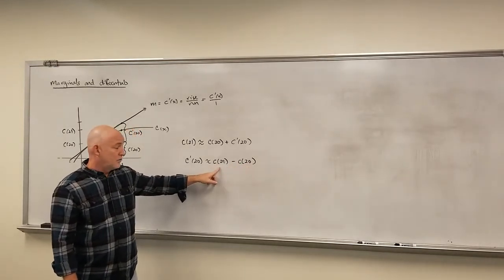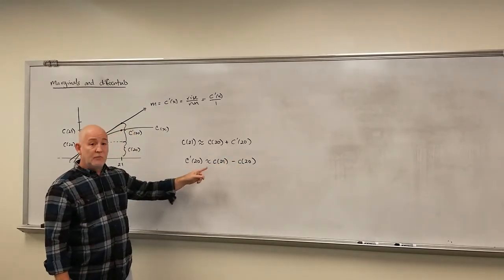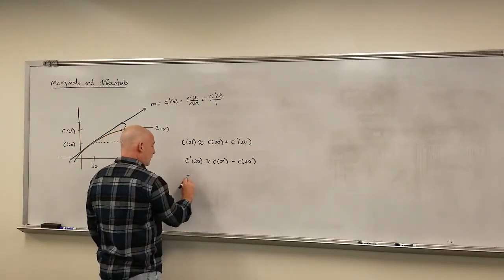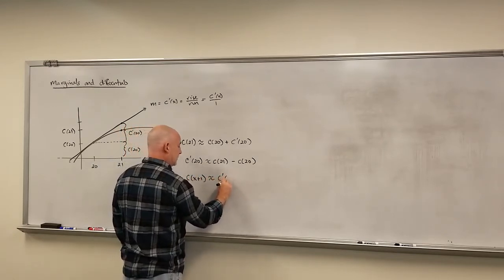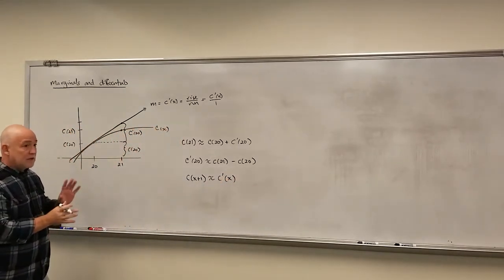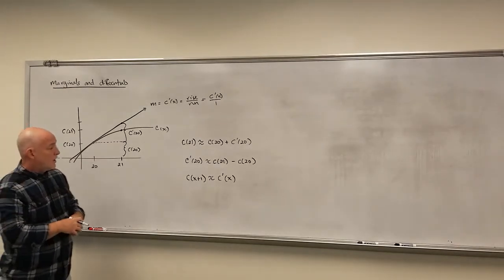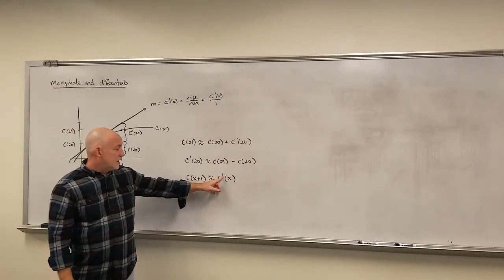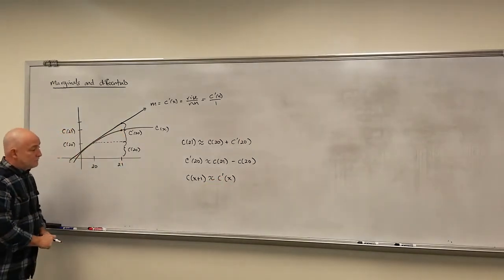So if you take the cost of 21 bikes and subtract off the cost of 20 bikes, what you actually get is the cost for making the 21st bike. So the cost for making x plus 1 items is approximately equal to the derivative at the last item. You just get this weird little approximation here. So if they were saying find the cost of making the 50th bicycle, all you'd have to do is take the derivative and evaluate it at that spot.